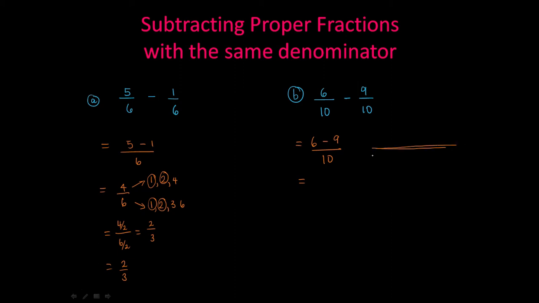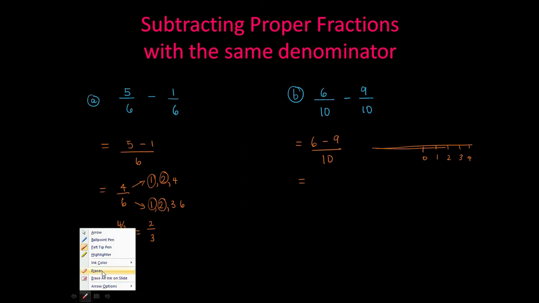So we have 0 right here, and then we have 1, 2, 3, 4, 5, 6. I think we're gonna run out of space. Yeah. So if we have 6 here, let me try to do it properly.